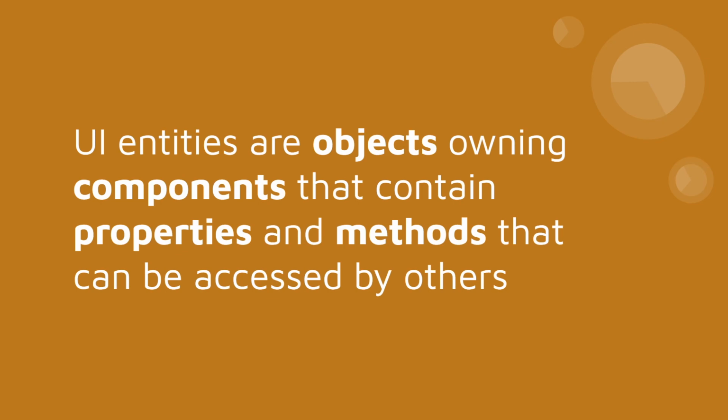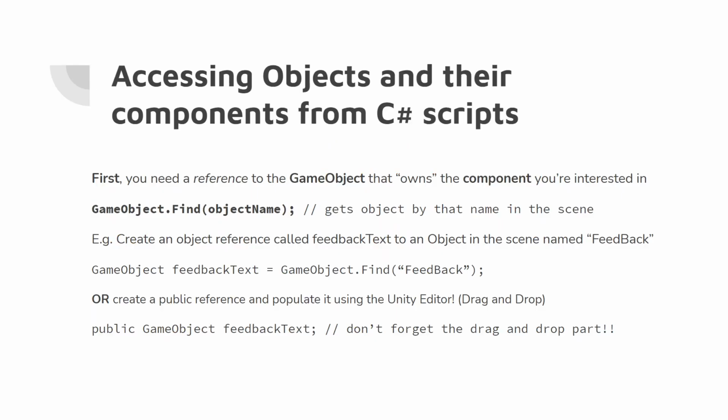So UI elements, Unity's UI entities, are objects that own other components that contain properties and methods that can be accessed by others. It's the same thing throughout. They're just other components, with a little bit of the special sauce of UI components. But we can consider them to be game objects and to have components on them.